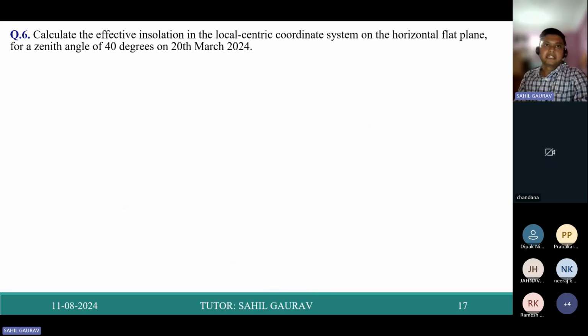Calculate the effective insolation in the local coordinate system on a horizontal flat plane for a zenith angle of 40 degrees on March 20th, 2024.